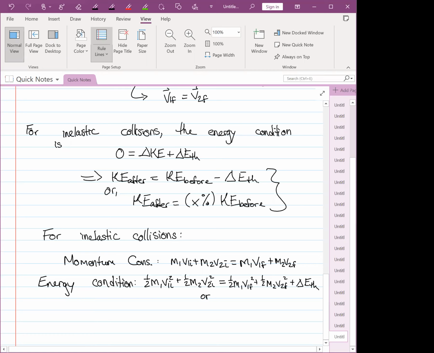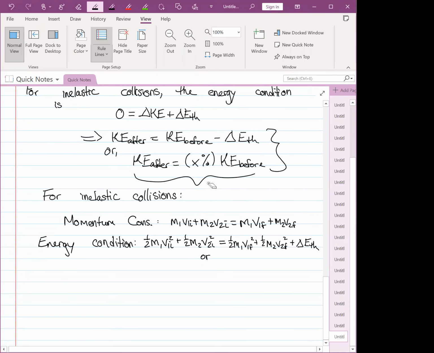Or your energy condition can be given in the form of the final kinetic energy being some percentage of the initial kinetic energy, which would be 1/2 m1 v1i squared plus 1/2 m2 v2i squared equals some fraction, maybe X percentage, times 1/2 m1 v1f squared plus 1/2 m2 v2f squared.